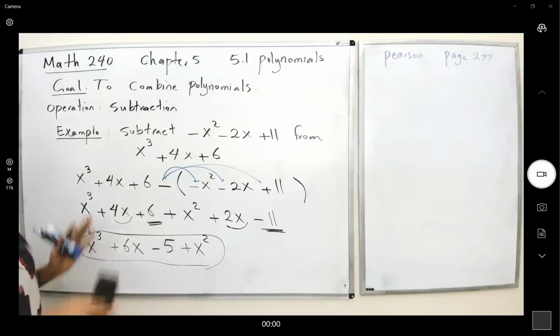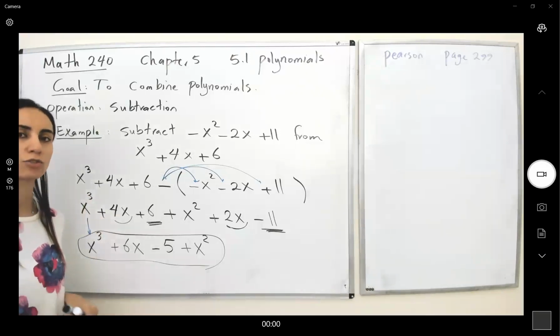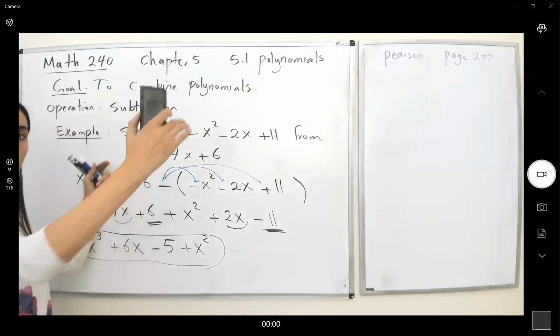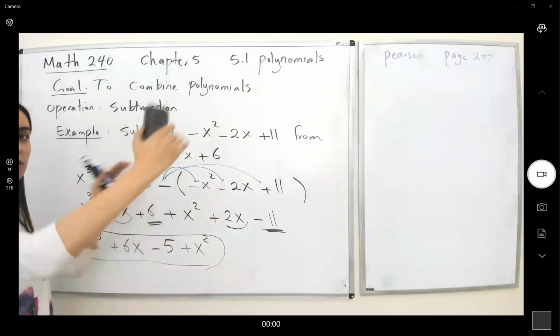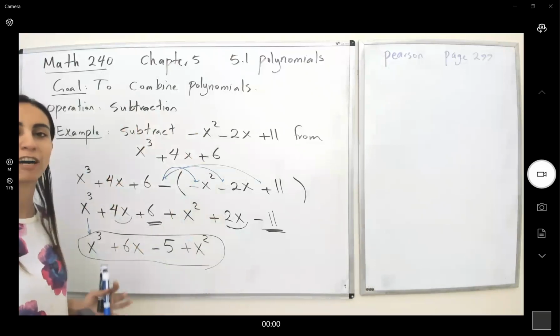There you go. Our last example in 5.1 is actually asking to find a perimeter, or surrounding, of a shape or an object.